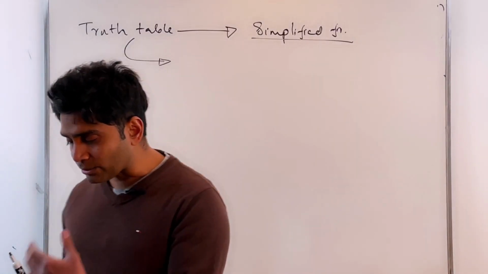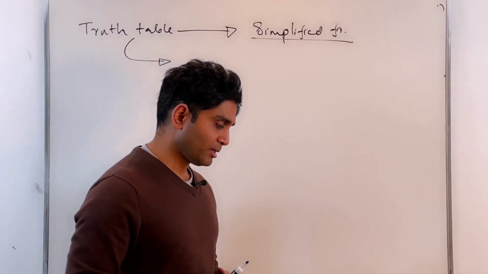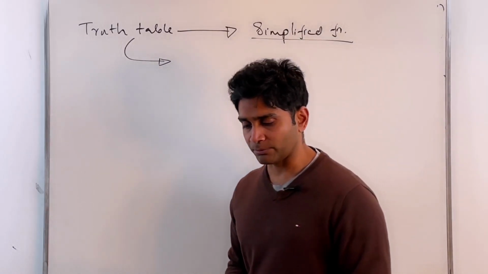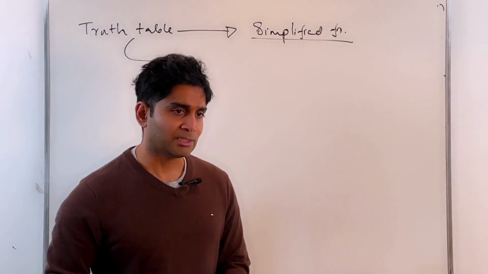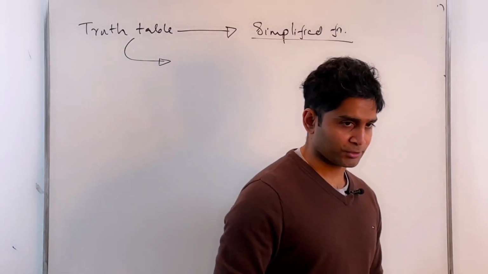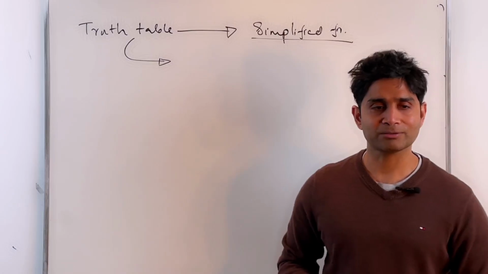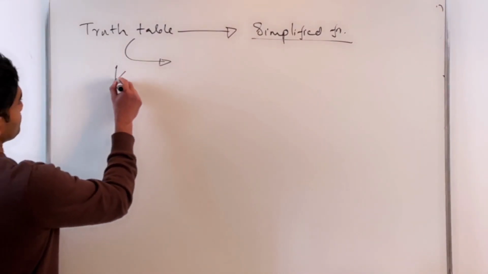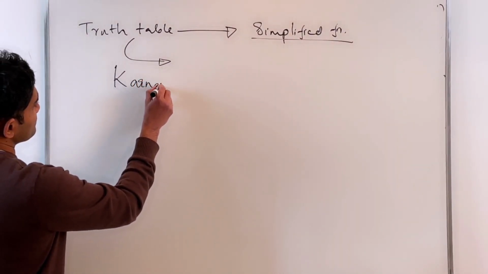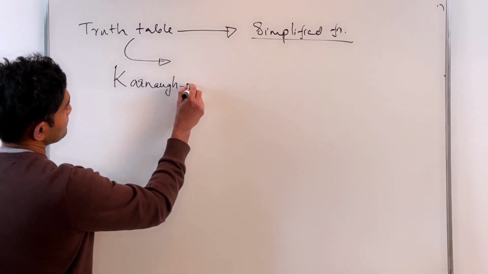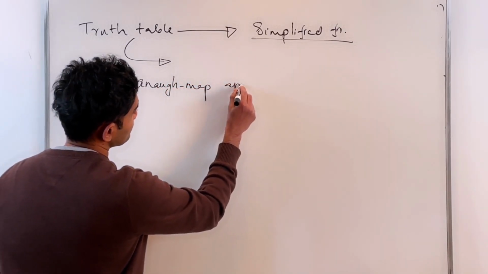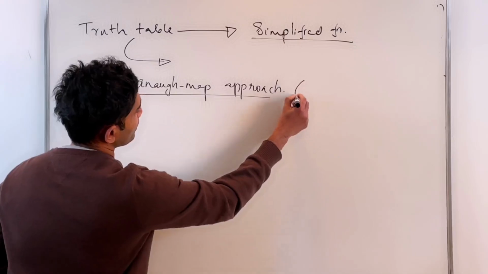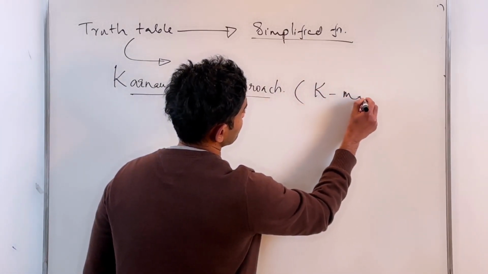So these are some of the questions that may easily crop up. Now, to address those, we have another approach that, if you follow the exact rules, would always give you the simplified function, no matter what. And it's quicker. So that way it's kind of our lifesaver. We call that the Karnaugh map approach, or in short, the K-map approach.